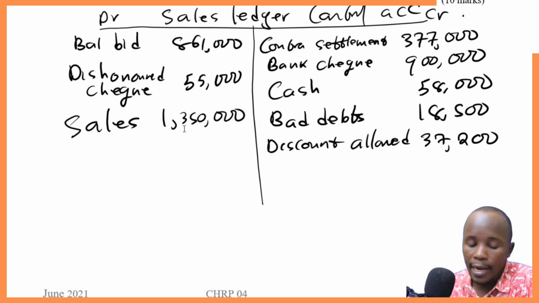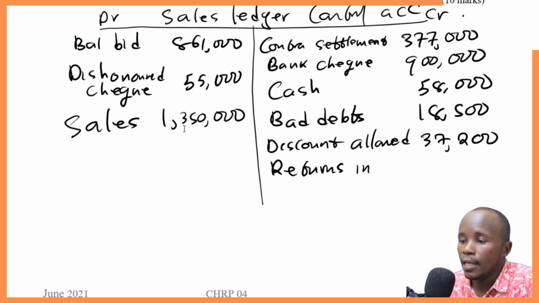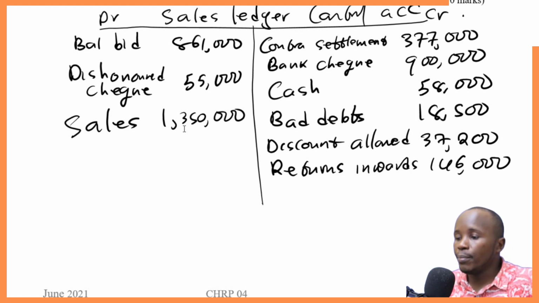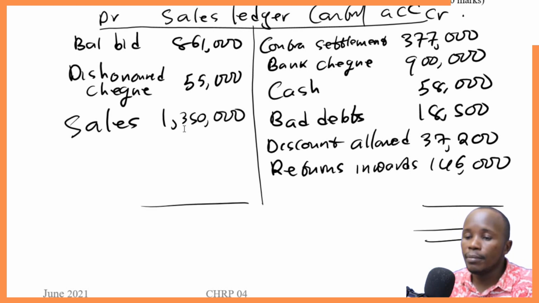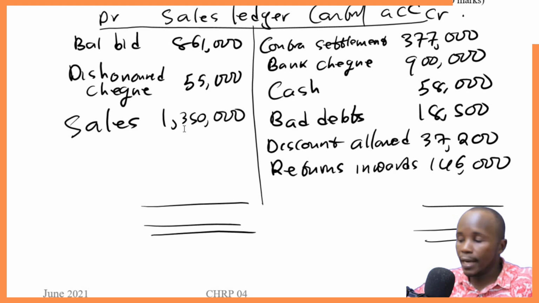So you come here and you credit the returns inwards account. Returns inwards 146,000. So I have captured all the items in my account here, so I have to balance them.